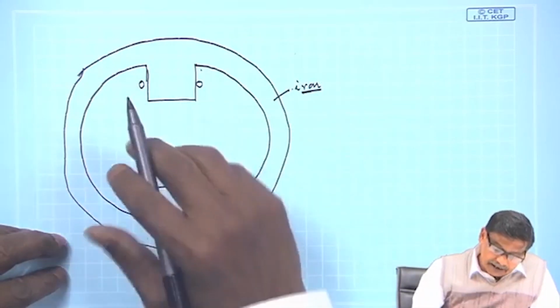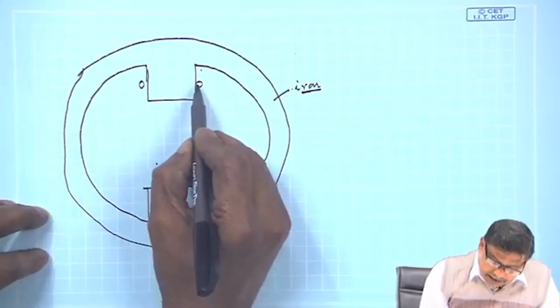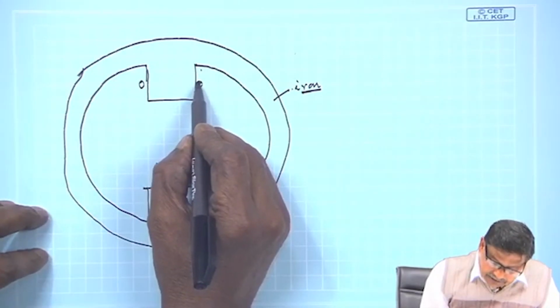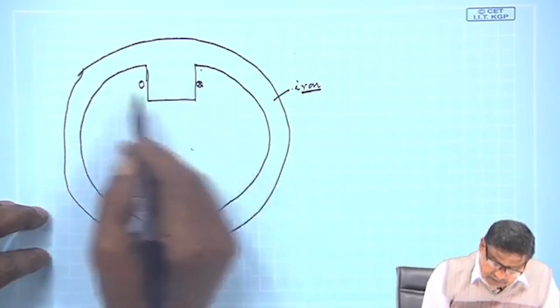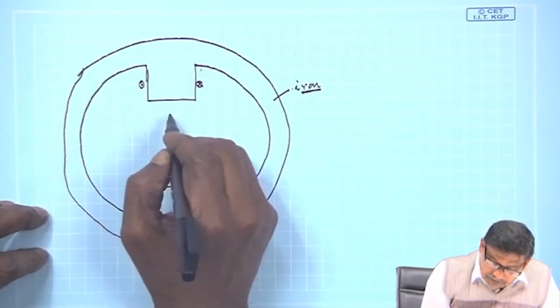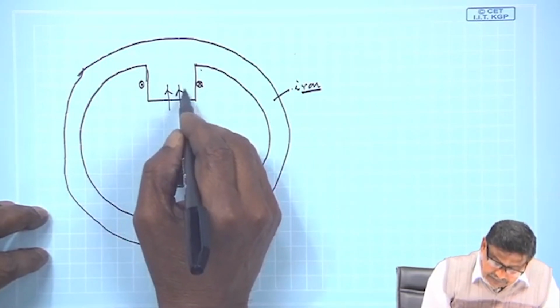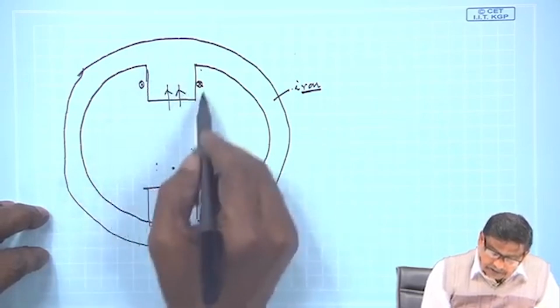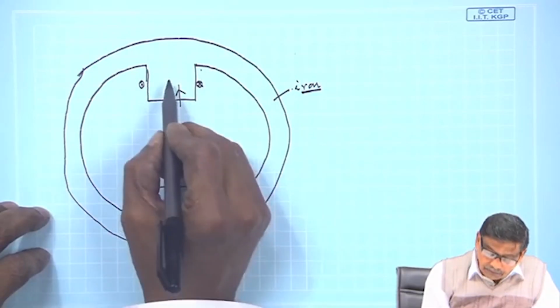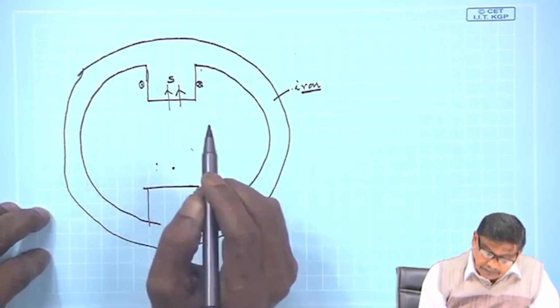If you pass some current here, you can make it like this. Suppose this is a coil wrapped around this projected pole, and the current direction is cross and dot. So, lines of force will be like this. Therefore, this will behave like a south pole because flux lines are entering.